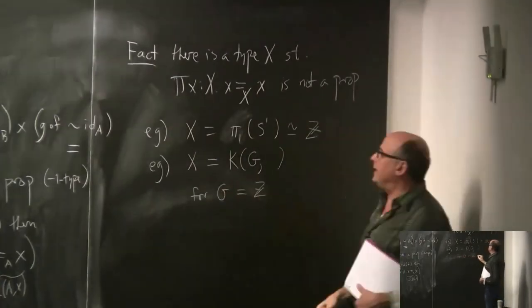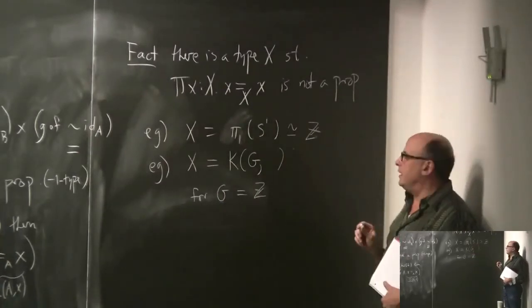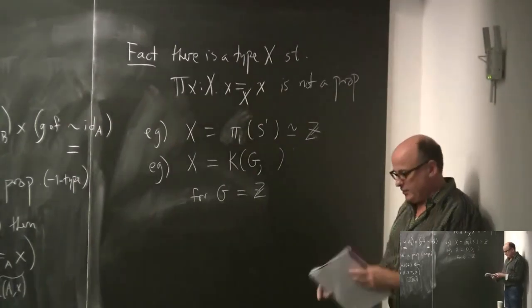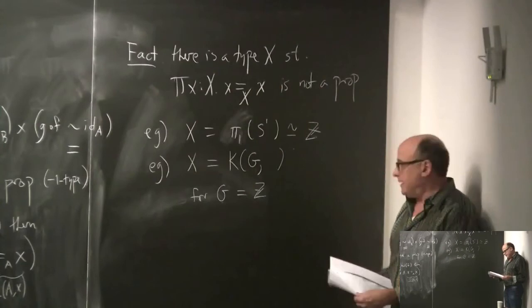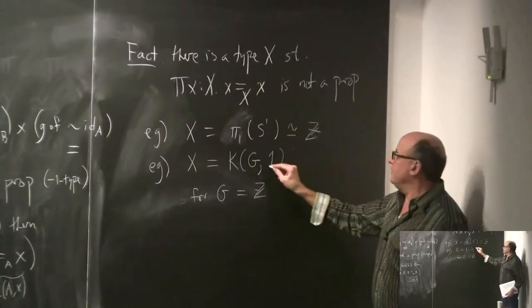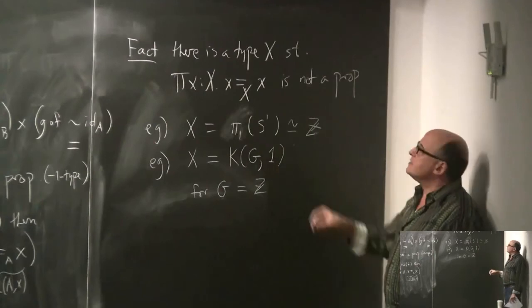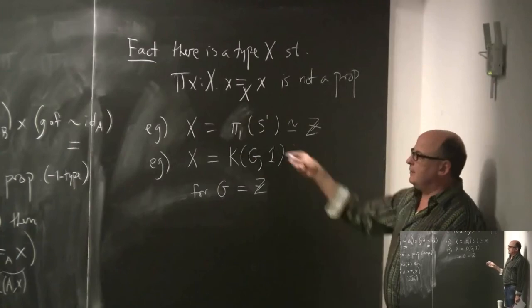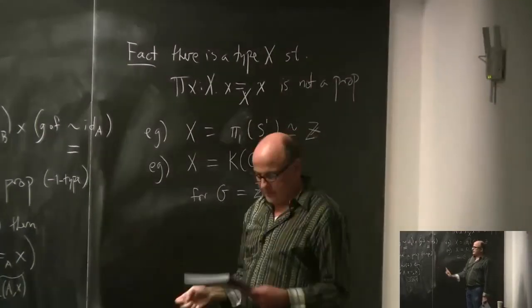Maybe I pick it to be Z, and then I will end up constructing a space whose fundamental group is G. So that's another possible choice. It's called KG1 in the notation, so there'll eventually be another one that will come up a little bit later. It's more convenient in a sense. Once you have these facts on the board, then it becomes very easy to do the reasoning.